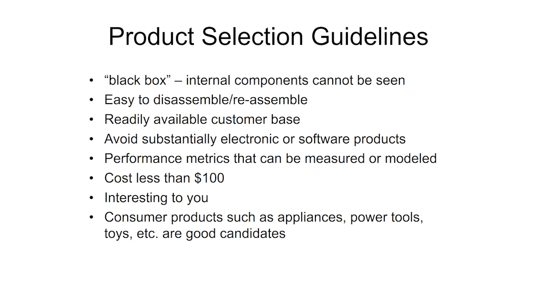And so you need to be able to predict whether your redesign will improve the performance of the product or not. And so you need to think about what the performance metrics are that can be measured and then modeled. So it could be either physical measuring or it could be an analytical model, so that you can do that prediction. And think about that.